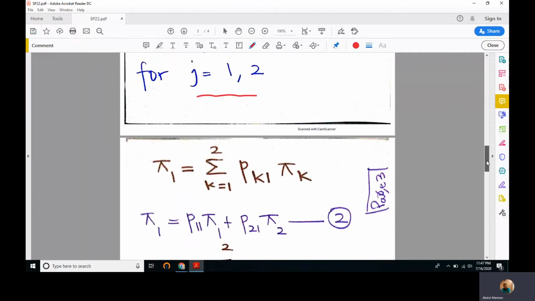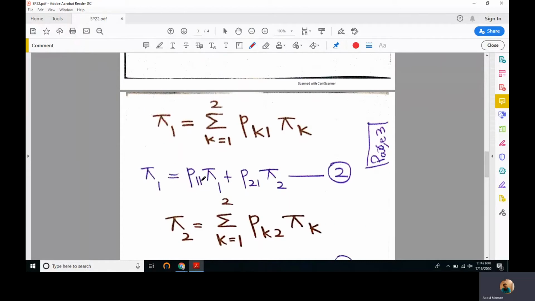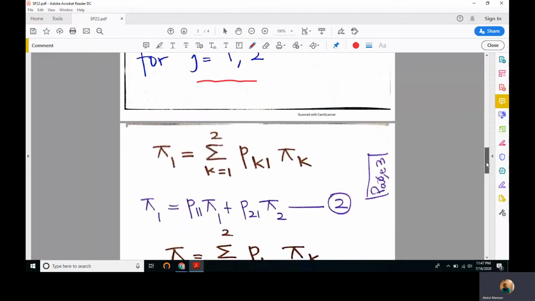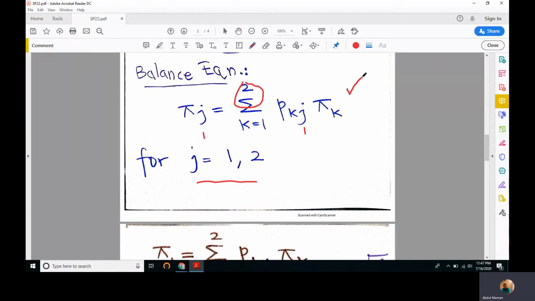If we expand this expression, this becomes p11 pi 1 plus p21 pi 2, putting both values of k, 1 and 2, and then adding. Then we can use the same balance equation by putting j equal to 2.